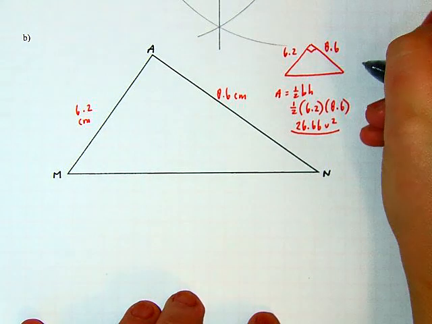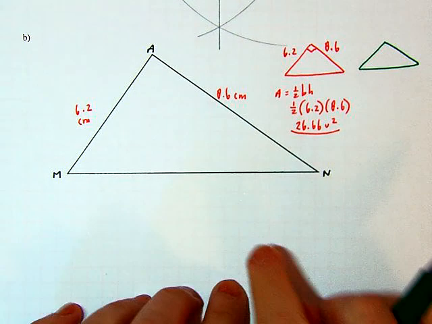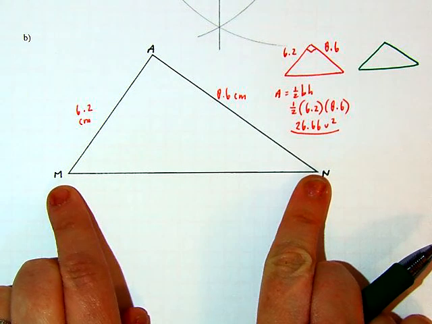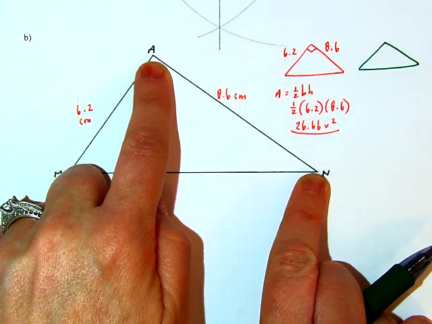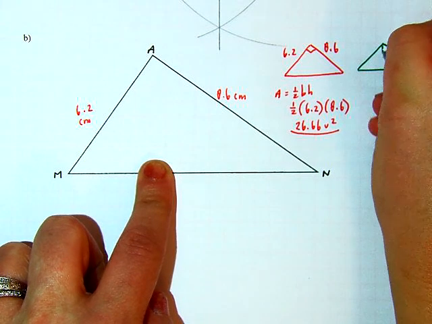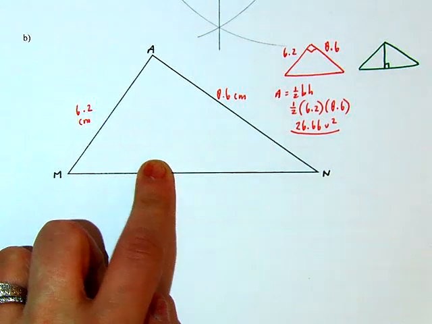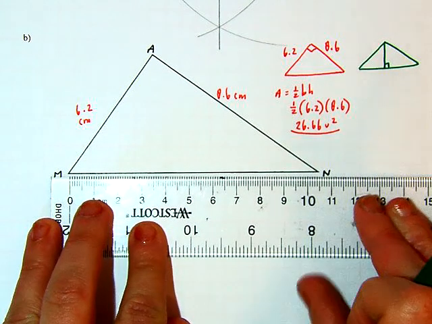All right, and then I want to approach it a second way. Let me just redraw the diagram. So now I want to treat MN as my base, A here as my vertex that's opposite, and I want to figure out my altitude. So I'm going to draw in my altitude. Its measure is the height. So first, let me just go ahead and measure MN.